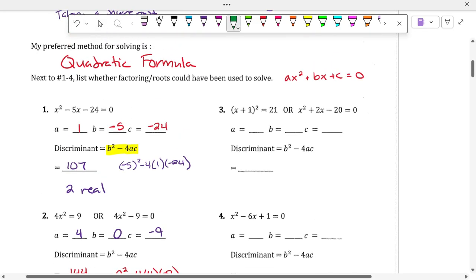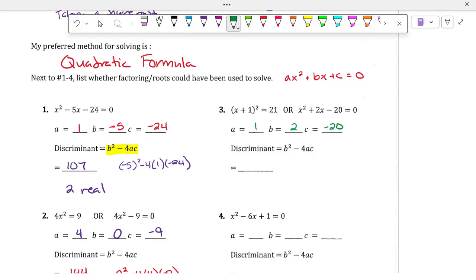All right. So 1, 2, negative 20. That's our A, B, and C. What would the discriminant be? So this would be 2 squared minus 4 times, yep, which will give you what? 84. So what type of solutions do we have? 2 real.